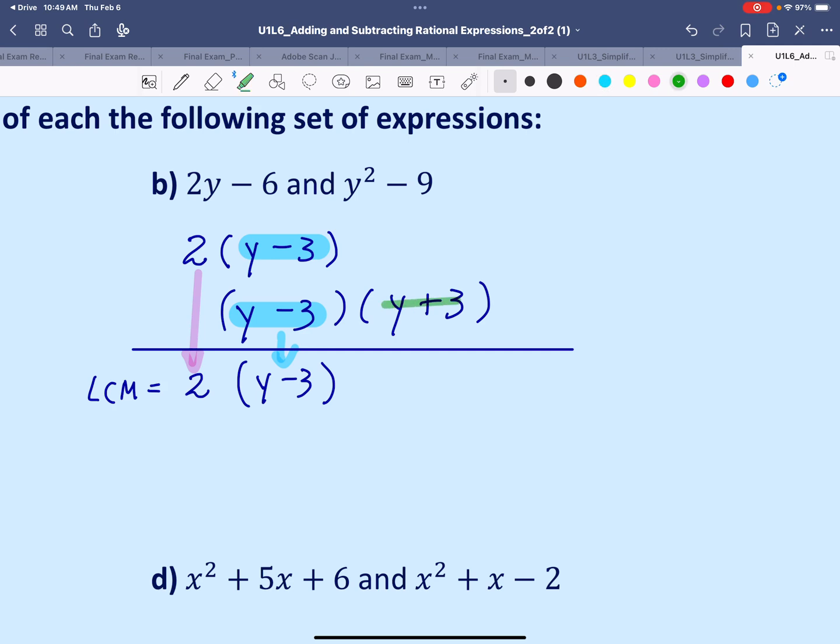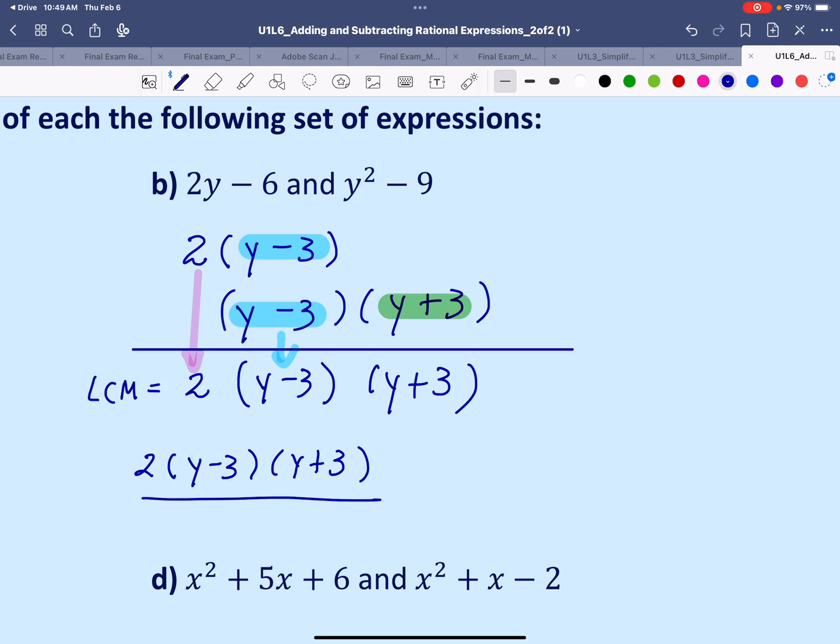Therefore, we're going to say the lowest common multiple is 2 times y minus 3 times y plus 3. What that means is that 2 times y minus 3 times y plus 3 divides evenly into 2y minus 6, which is 2 times y minus 3.